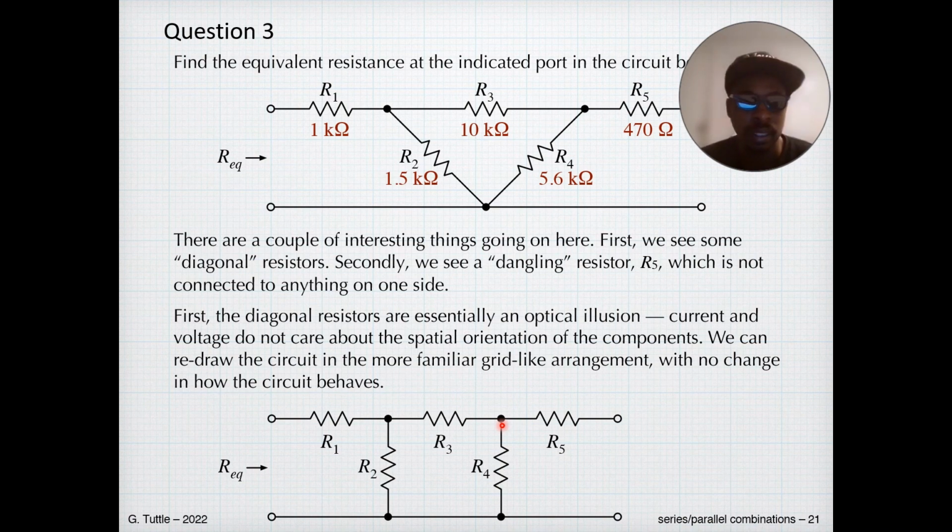All right, so there are a couple of interesting things going on here. First, we see some diagonal resistors, and secondly, we see a dangling resistor R5, which is not connected to anything.